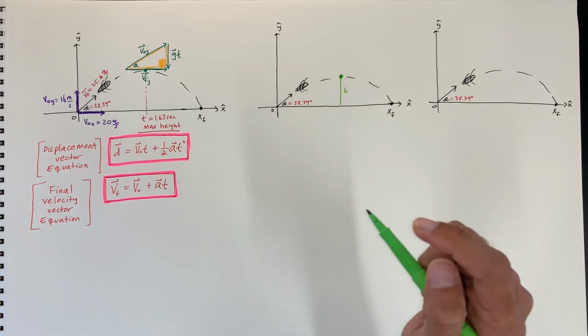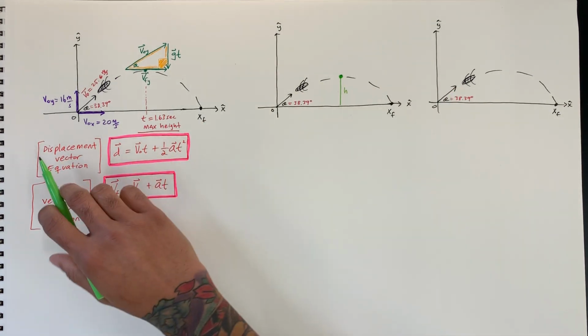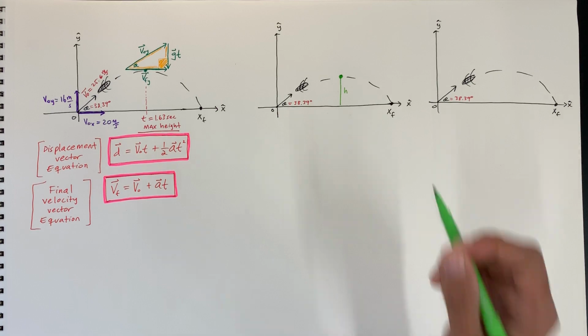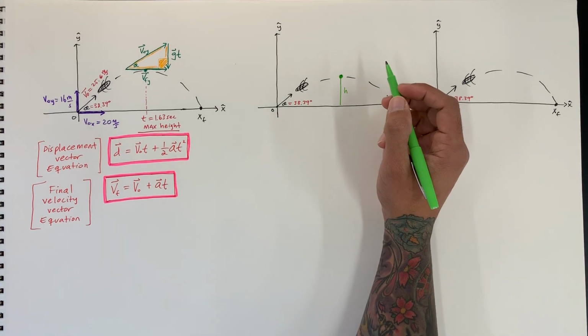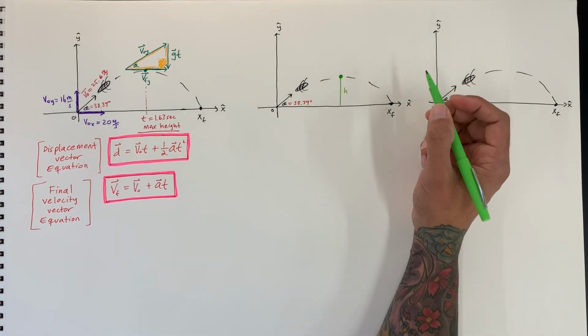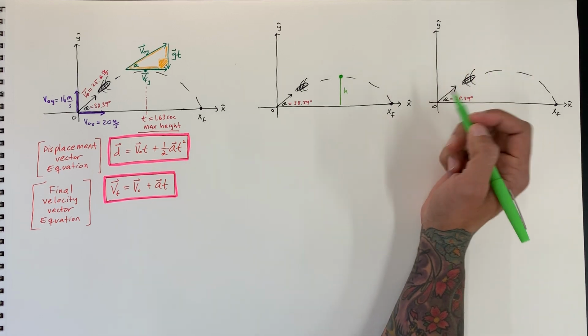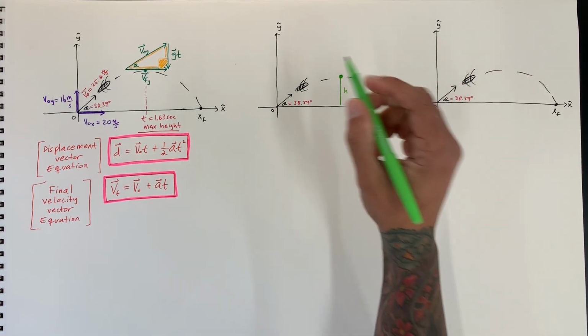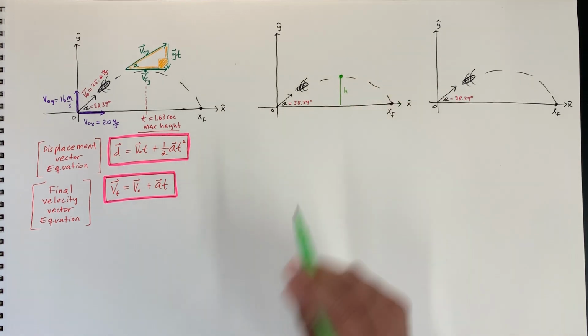So now we're going to use this displacement vector equation a little bit differently, but it's one of my favorite ways to use it, and this is why I love solving these problems with vector triangles more than your normal kinematic equations. Okay, so let's see how it works.